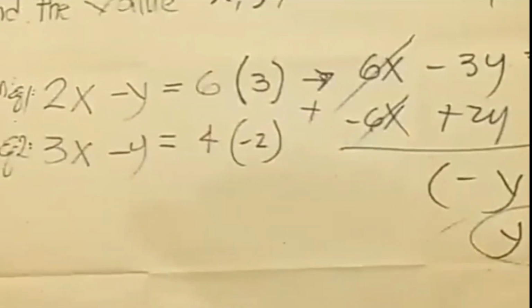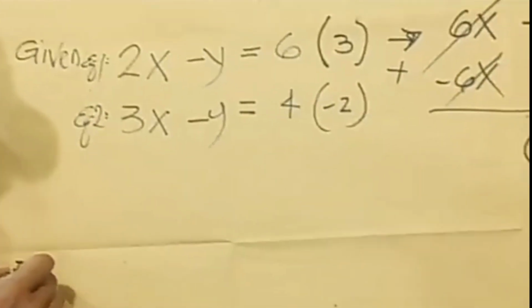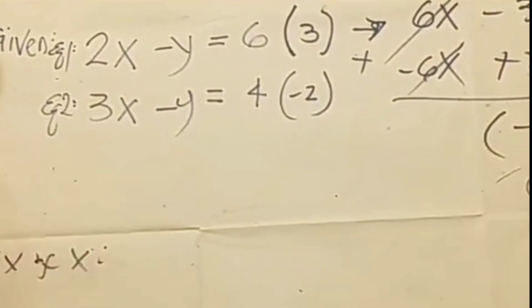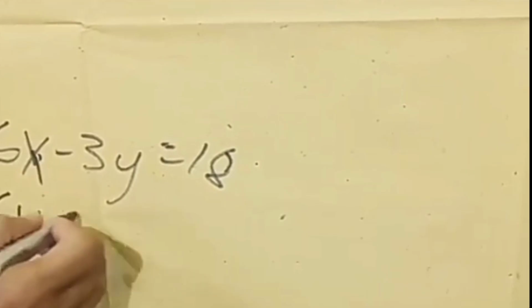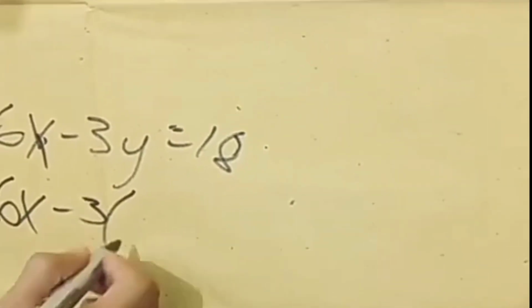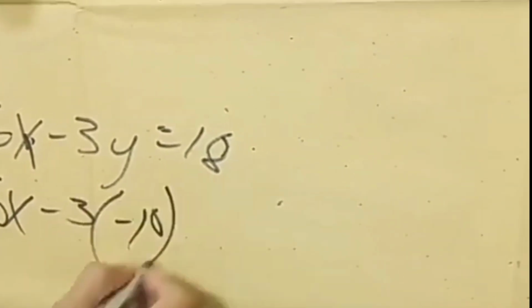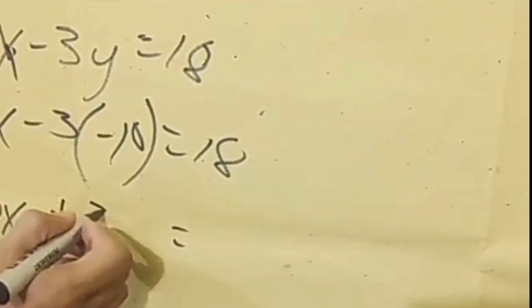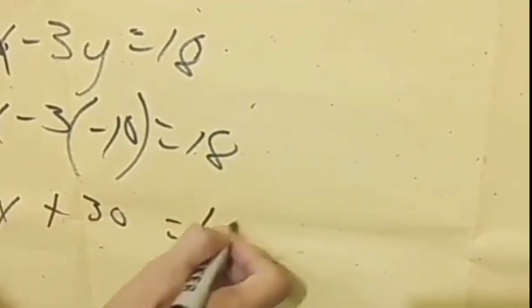Next, we're going to find the value of x. Using equation 1, 6x, with the value of y, we have now negative 10, equals 18. Then simplify. We copy 6x, and simplify, we have positive 30.